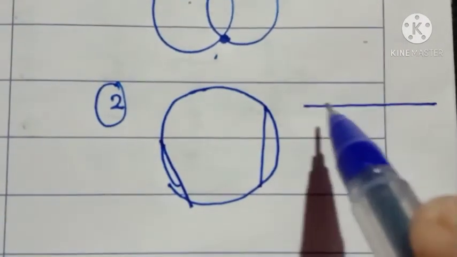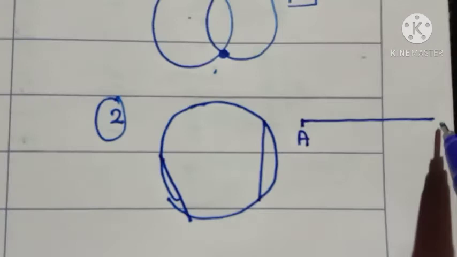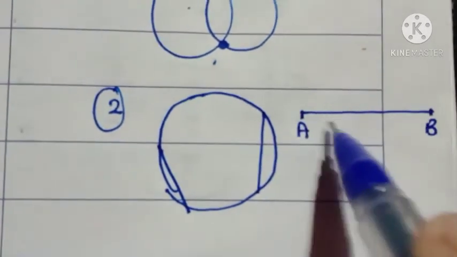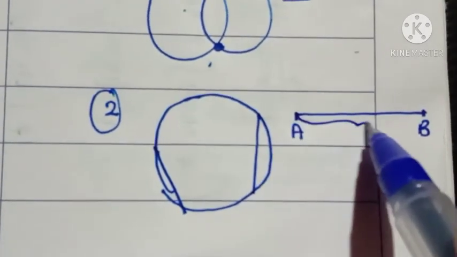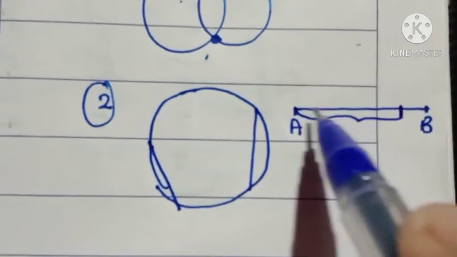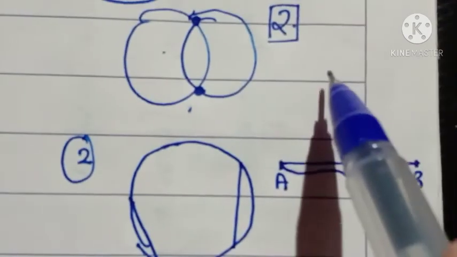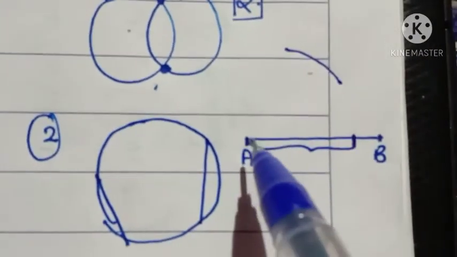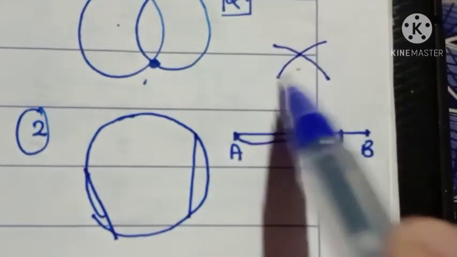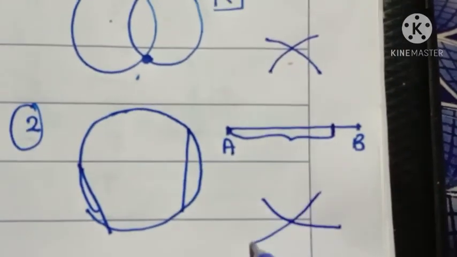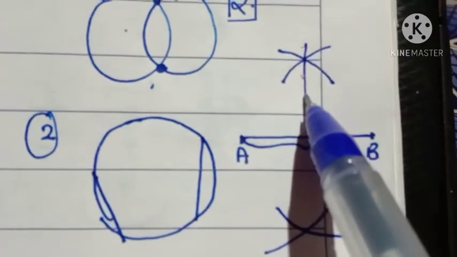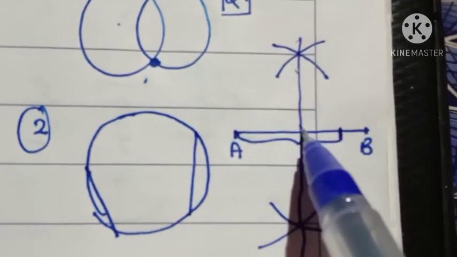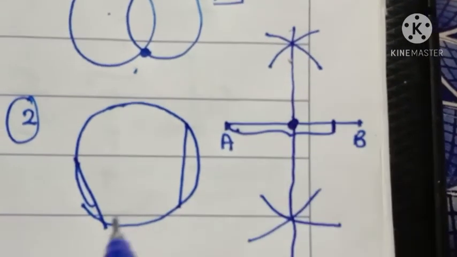Suppose we have a line segment AB. We want to draw its perpendicular bisector. Take more than half of AB in your compass, treat A and B as centers, draw arcs and join these lines. We get the perpendicular bisector of the line AB.